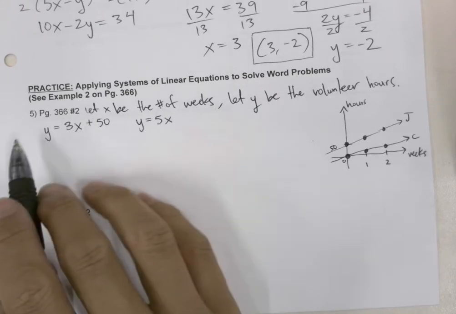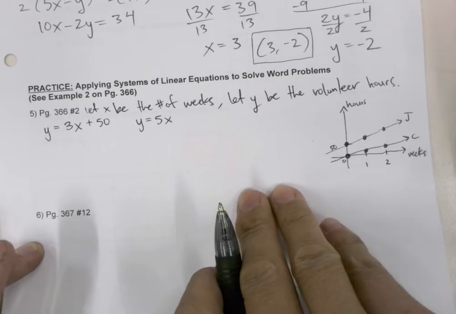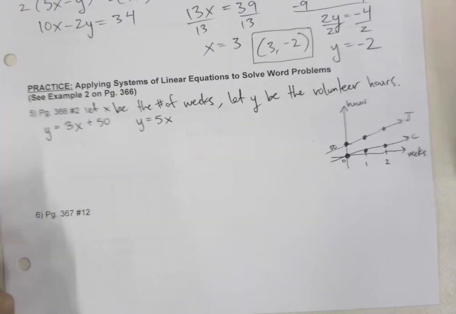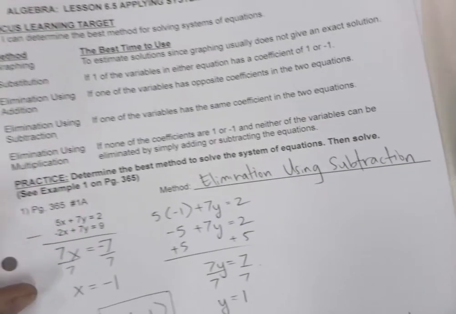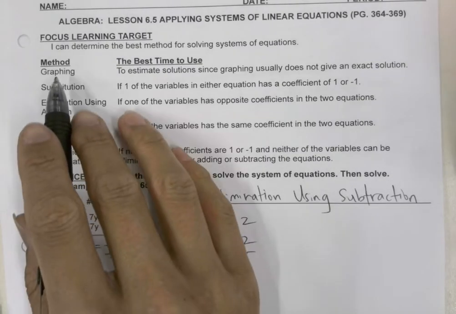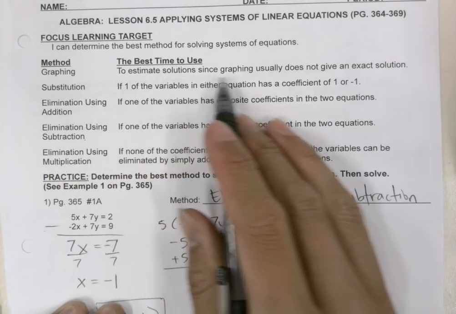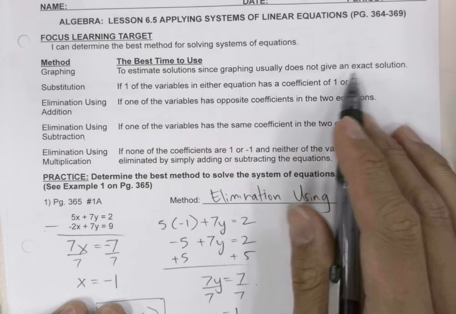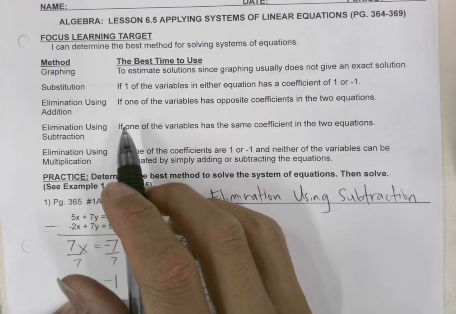And so now we want to take a look at it and say which method is the best method to solve this system of equations. And so we're looking here, and we have graphing. That's when you don't want to give an exact solution, but we do want an exact solution here.